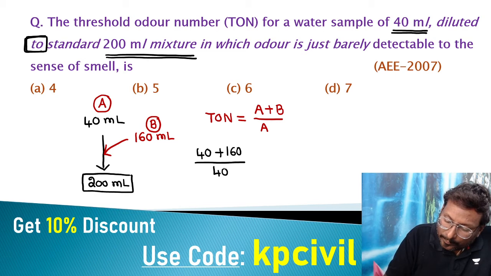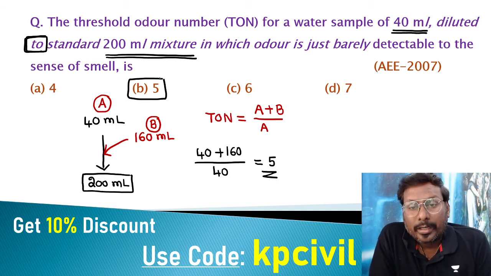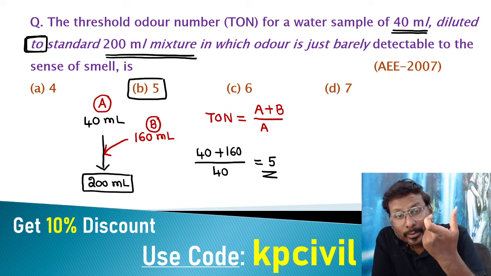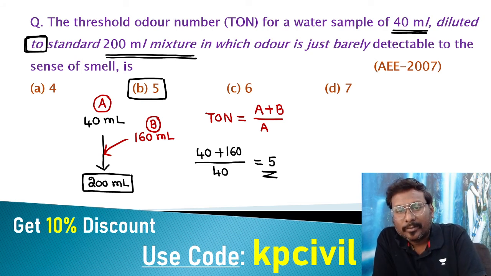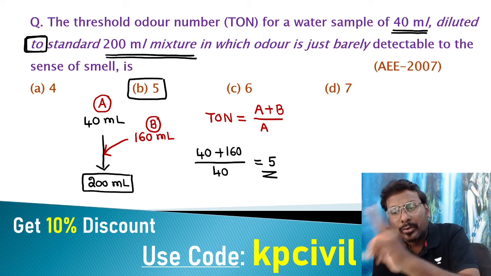So 200 by 40, answer is 5. So don't take 40 plus 200 by 40 because it is diluted to 200 ml mixer. So total volume is 200 ml, initial volume is 40, 40 increased to 200.